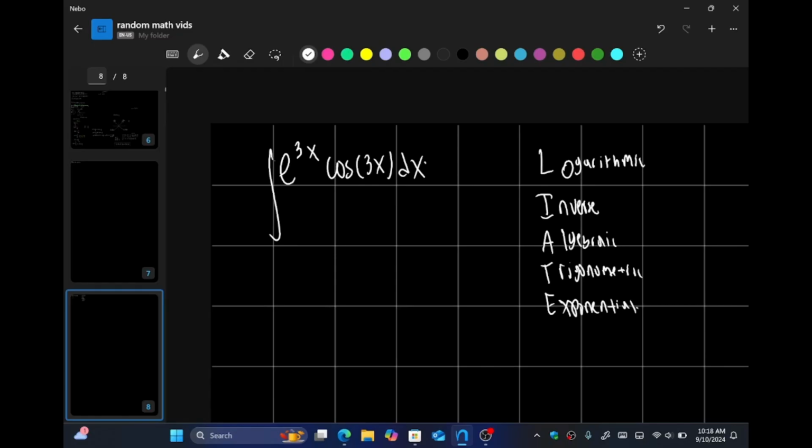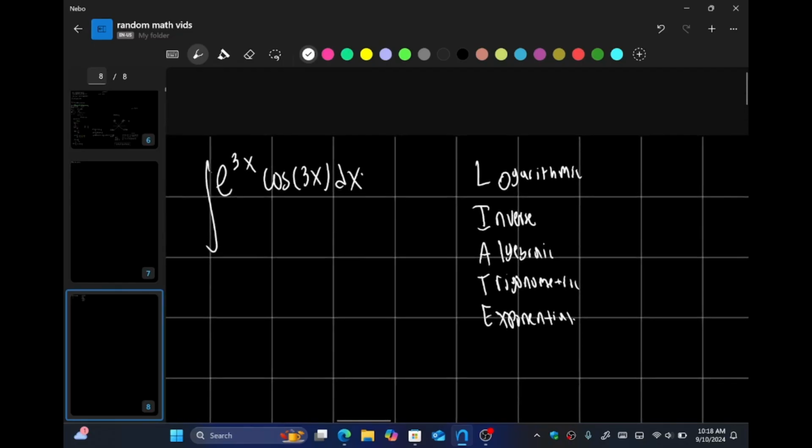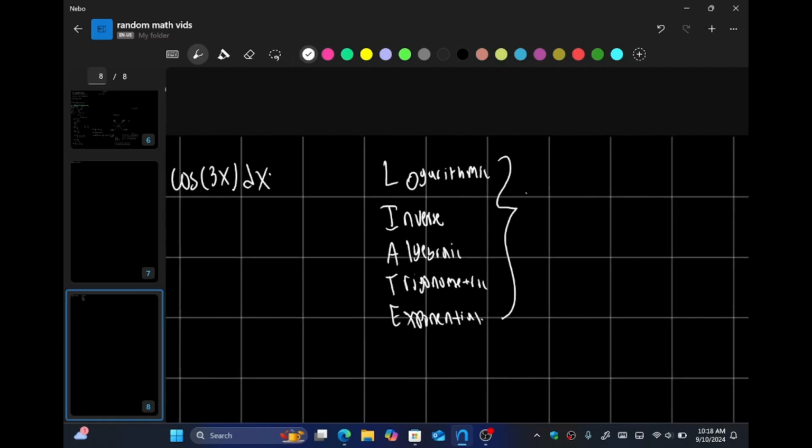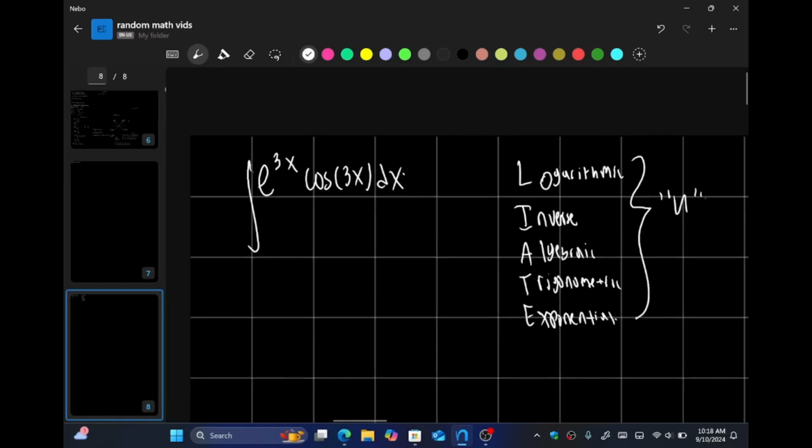So in this problem, we have e to the 3x cosine 3x dx. You want to state what you see, and this will determine our u.